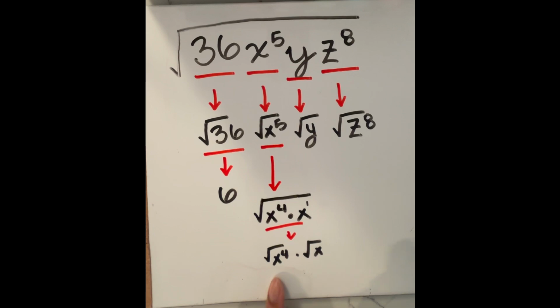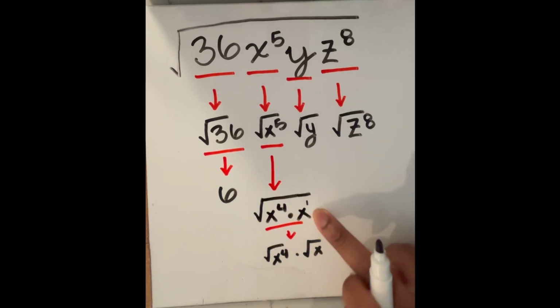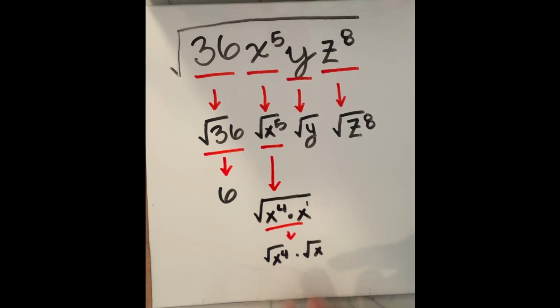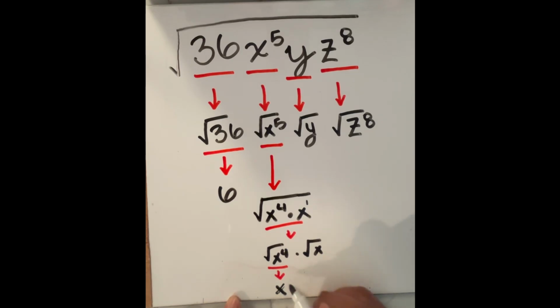So if we look at this first term, after breaking up this expression into two parts, we have the square root of x raised to the power of 4. And so I'm going to underline that once again in red and draw my little arrow. And so if we simplify that term, the square root of x raised to the power of 4, we know that is x squared.